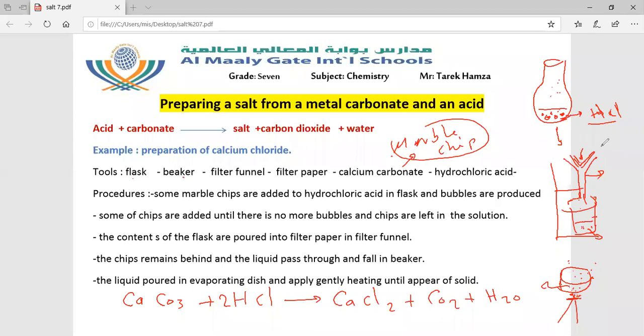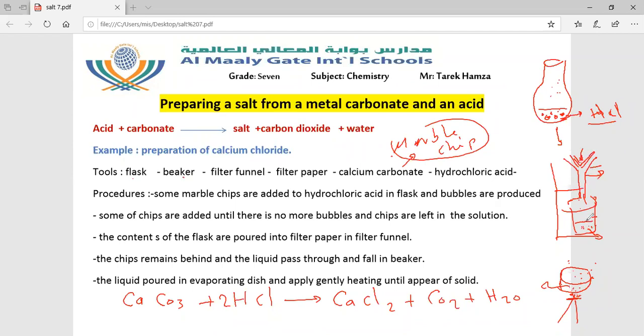Then take the content of the flask and pour it into the filter funnel. The funnel contains filter paper. Observation: there is a liquid escaping from the filter funnel to the beaker, and particles of marble chips are trapped on the filter paper.